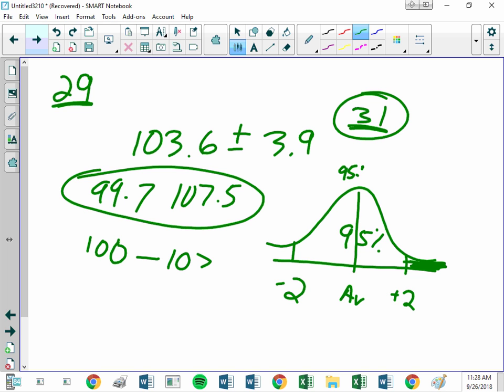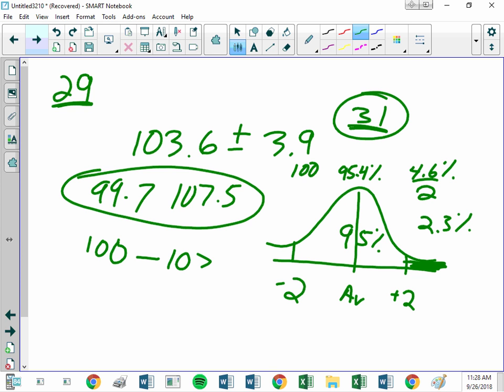So 95.4%. And now, Megan, what do we do? Subtract that from 100. So 100 minus 95.4 is 4.6%. And what do I do with that? Divide that by 2, and I get 2.3%.